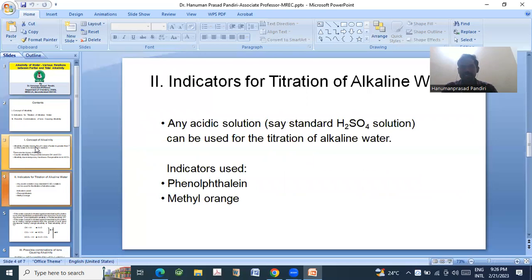The second content is various indicators for the titration of alkaline water. First of all, the given water sample has to be titrated with an acid solution, let's say standard sulfuric acid solution, using two indicators. One is phenolphthalein and the second one is methyl orange.